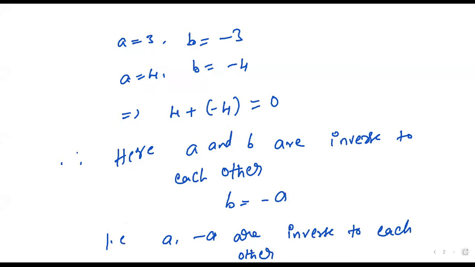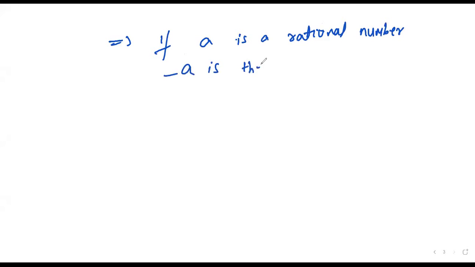So what we can write in detail: if A is a rational number, minus A is the inverse to A. Suppose you take A is equal to 5, then what is the additive inverse?